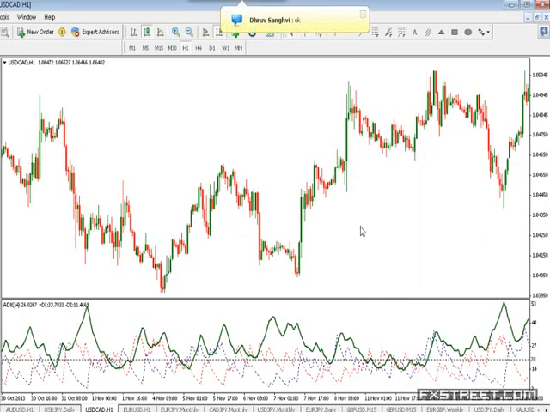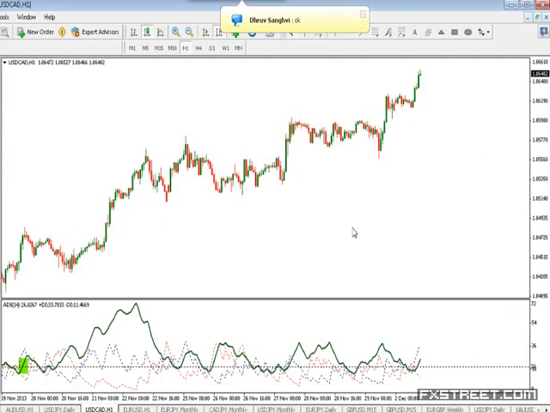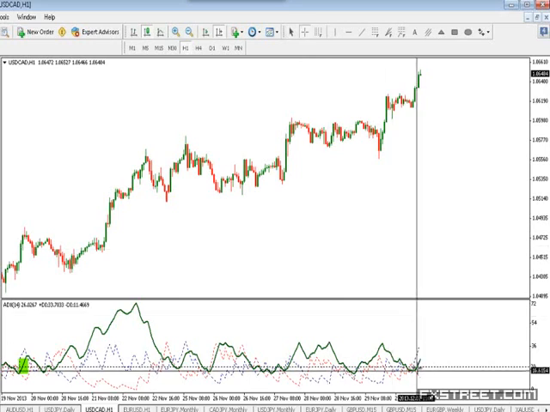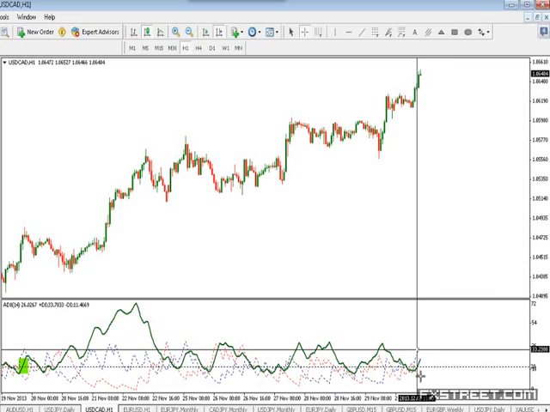So we are looking at two things. Let me repeat the same thing once again: all indicators are lagging, with the ADX and the DMI also lagging. But we use a combination to kind of reduce the lag. So one is that once your ADX starts moving above 20, it indicates the beginning of a trend.